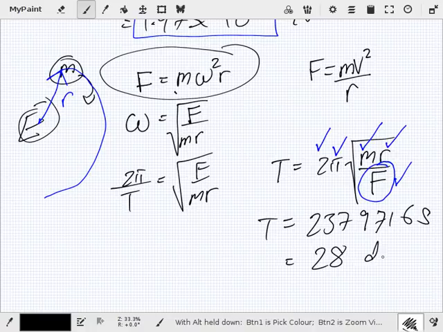About 28 days. Think, does that make sense? The moon takes 28 days to go around the Earth? It does, doesn't it? It takes about 1 month for the moon to go around the Earth. So this is the answer we expected. Yep. Okay.